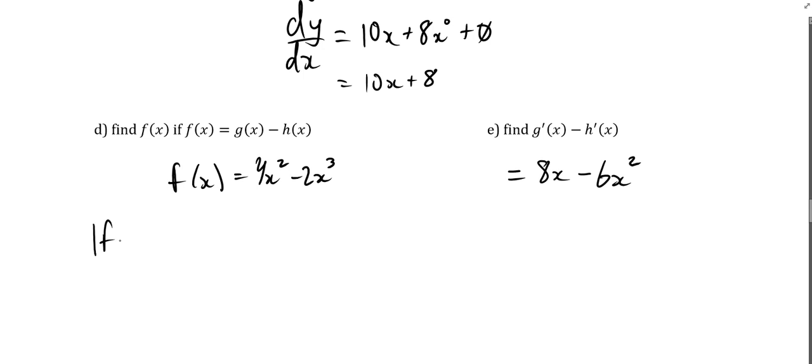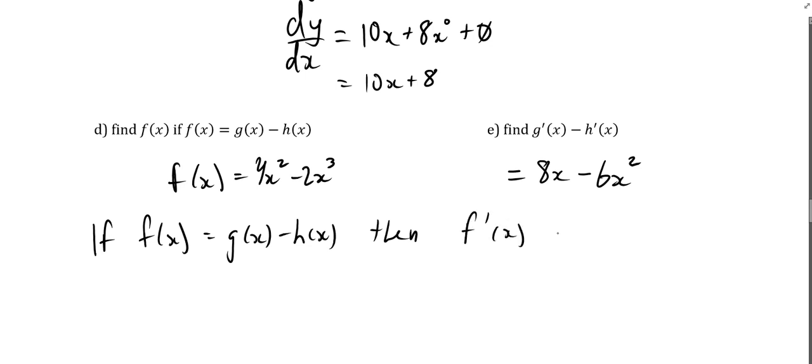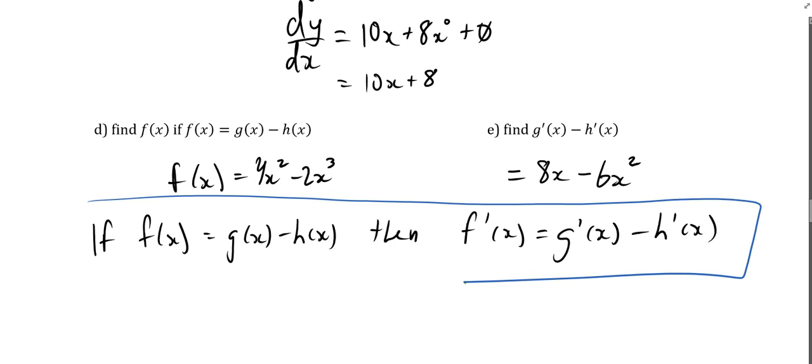So if f at x equals g at x minus h at x, then f prime equals g prime minus h prime, again, as long as g and h are differentiable.